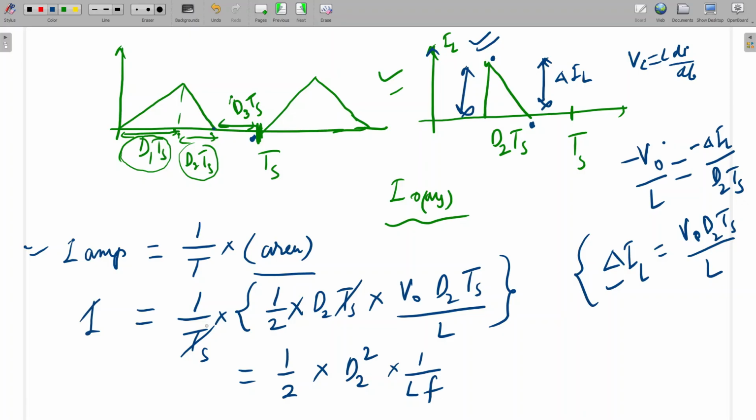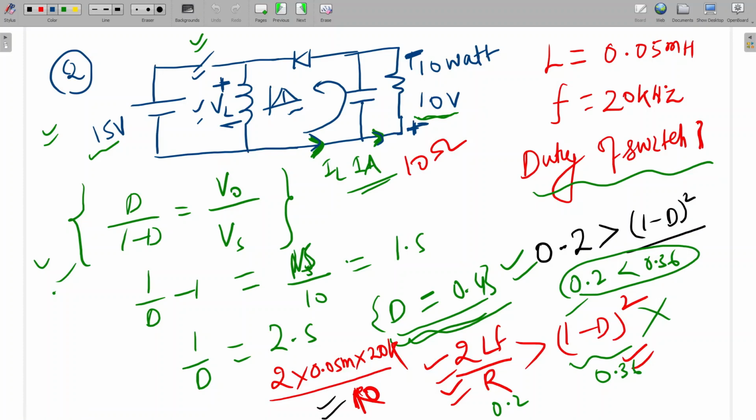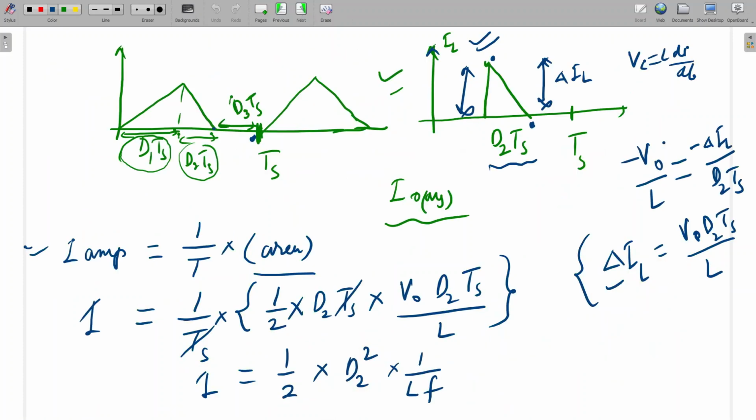Can anyone calculate the value of this D2? What will be the value of LF? L is already given here, 0.05 millihenry, and F is 20 kilohertz. So 1 is equal to 1 by 2 into D2 square into 0.05 into 20.